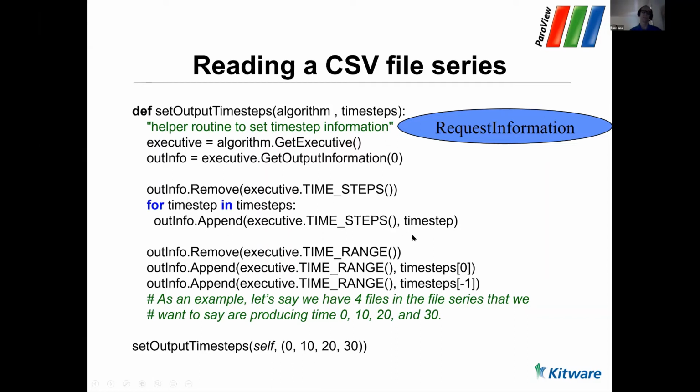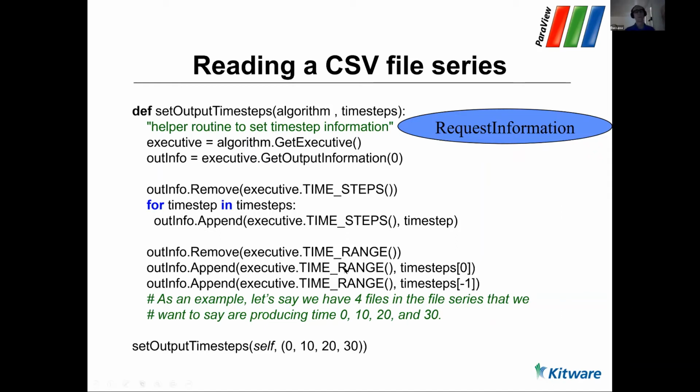That's an array with 4 values. We're going to add each time step. And then we also add the range, that is the first time step and the last time step. In here we just specify how many.